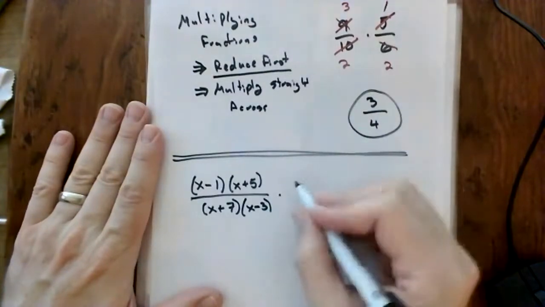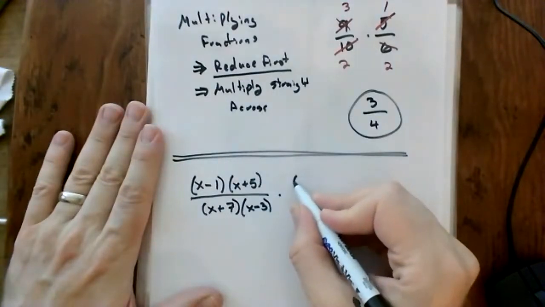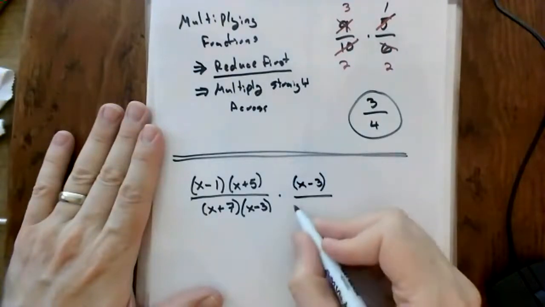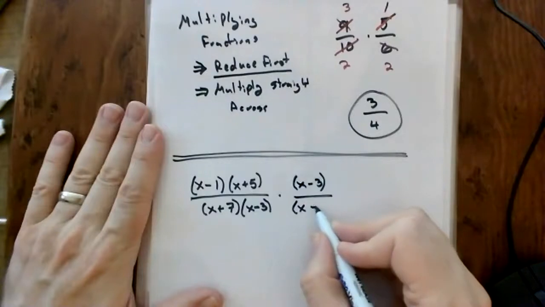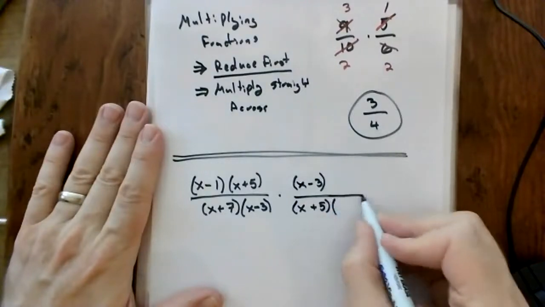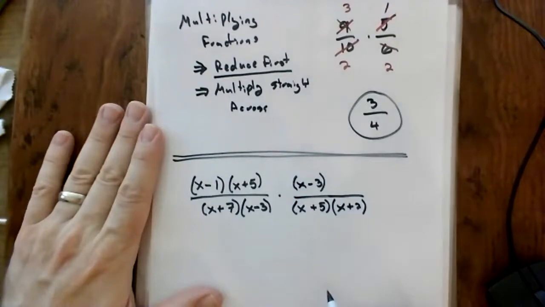And let's multiply this by (x minus 3) over (x plus 5). And I'll also put an (x plus 2) down here.